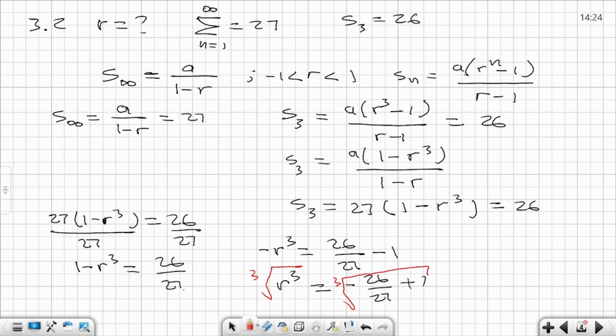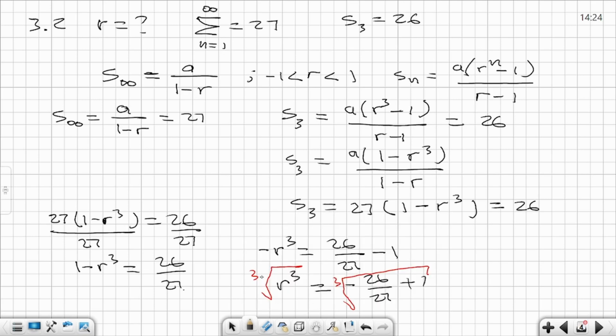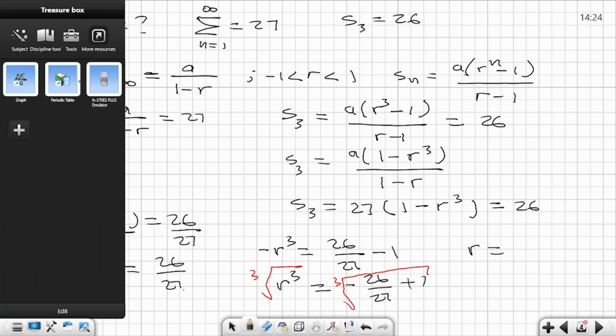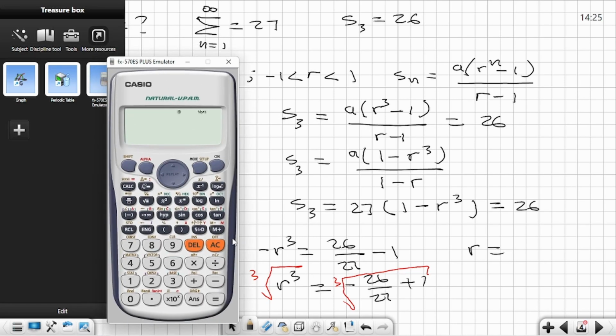So what do I have now? On the left side, you'll have R only when you take the cube root, which is equal to, use your calculator, the cube root of this. Where is the cube root? This is the cube root. You press shift on your calculator and then you have that cube root.